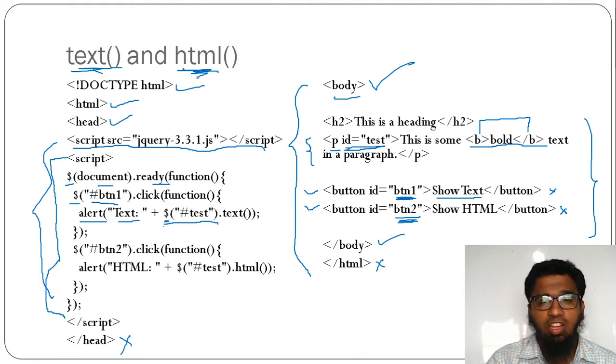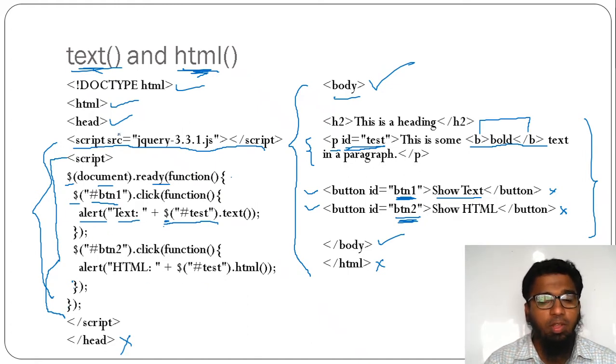When we take the HTML function, dot HTML, it will show you the code, whatever code is used inside the paragraph tag also. So this is also closed. Flower bracket, normal bracket and close, and this is the main scripting close. If you do this, let's see, we will do this in practical in MS Notepad. I will write this in the Notepad.